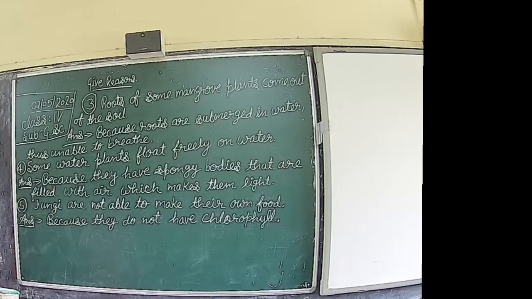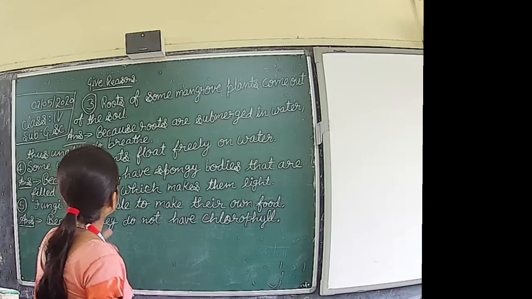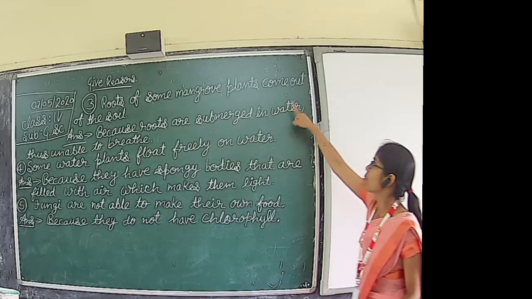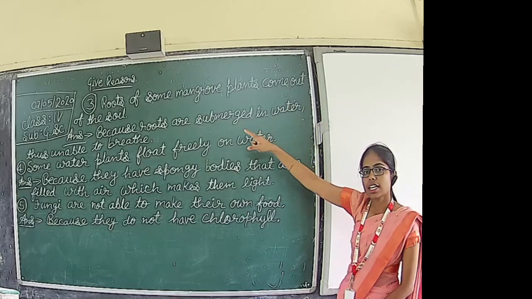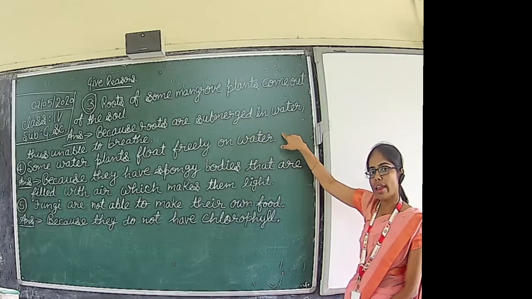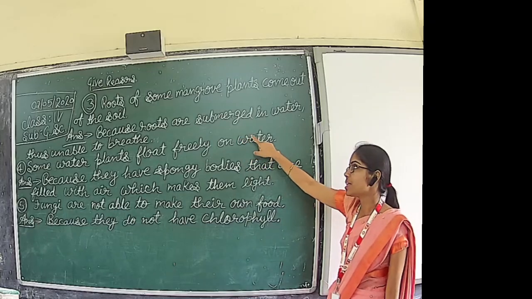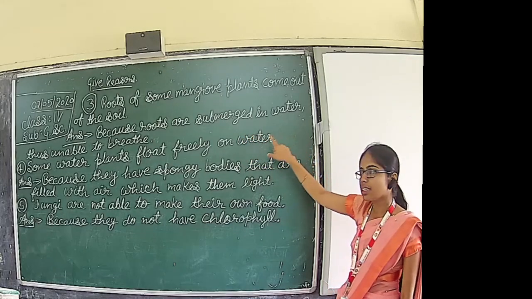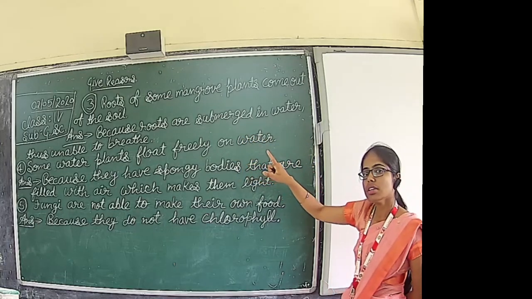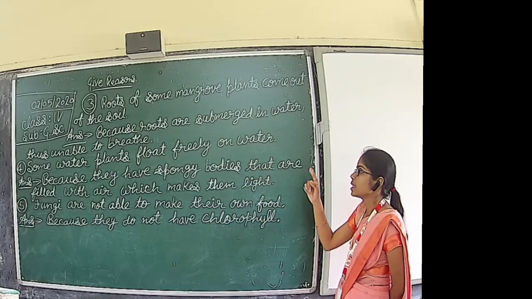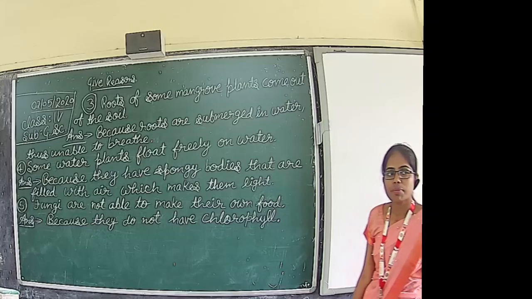Take your time and write. I will tell you the answer once again. Roots of some mangrove plants come out of the soil because roots are submerged in water, thus unable to breathe. Means they are not able to breathe. This is the reason for question number 3.